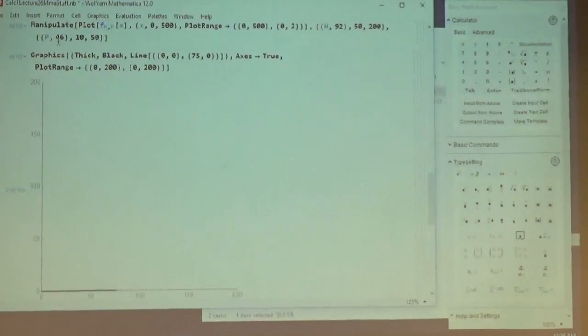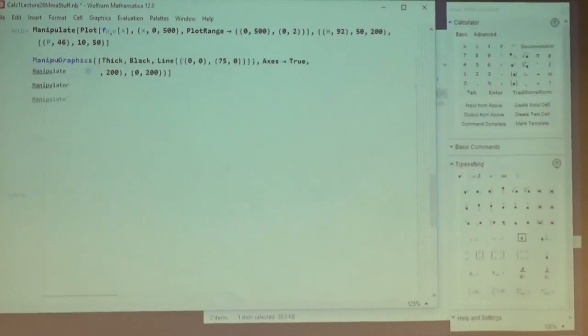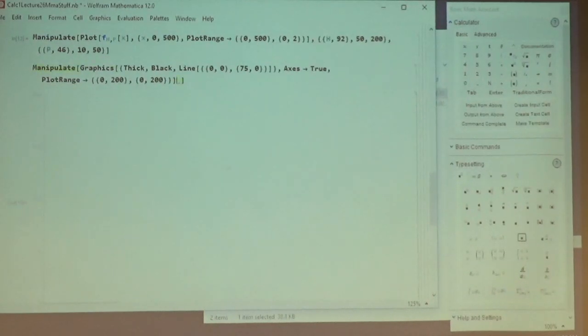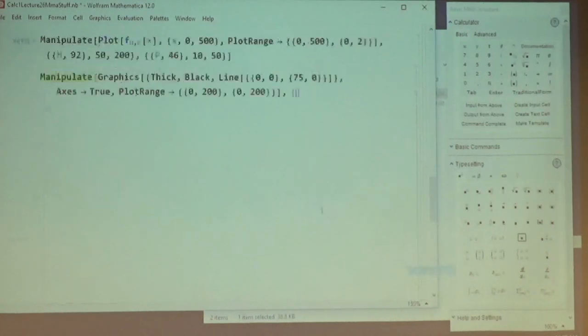Let's put this inside Manipulate and change the right endpoint. Change the value of x. This is similar syntax to what I did before. x, comma, start at 75, let it get smaller, maybe down to 20, and get bigger if you need to, up to 200 or something, or maybe 150.